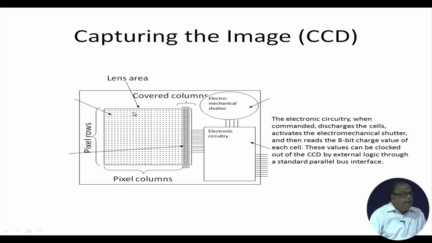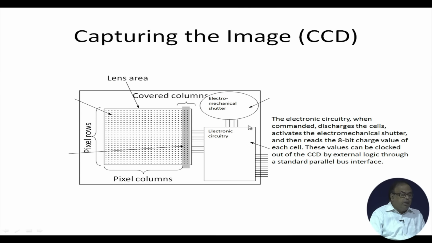Depending on the image, some of the cells will be activated, some will not. Some will have incident light, some will not. There is an electromechanical shutter, and if we press that, then this lens area is exposed to the image or to the light.